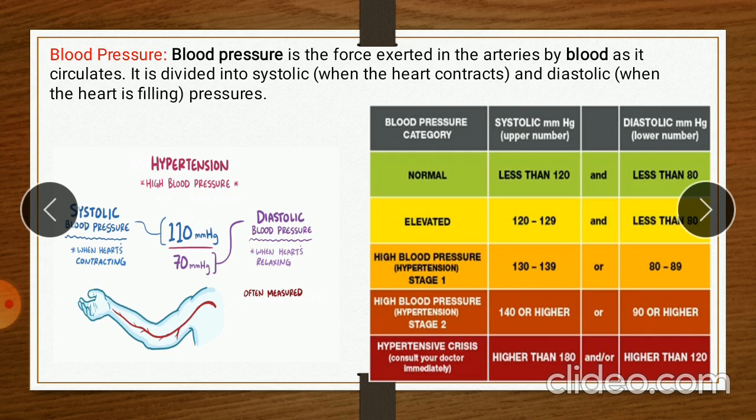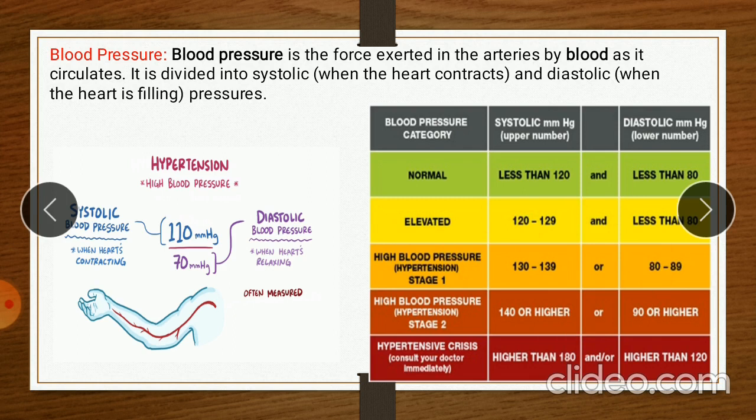Then hypertension stage 2: systolic 140 or higher, or diastolic 90 or higher. The last one is hypertensive crisis, where systolic is more than 180 and diastolic is higher than 120. So these are the various types of hypertension depending upon blood pressure.